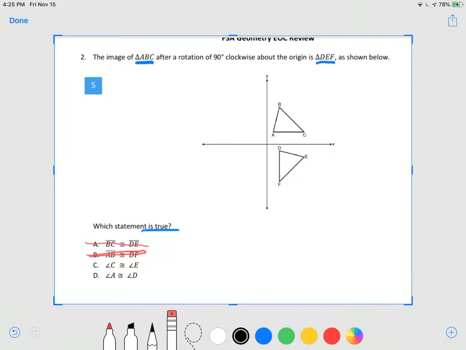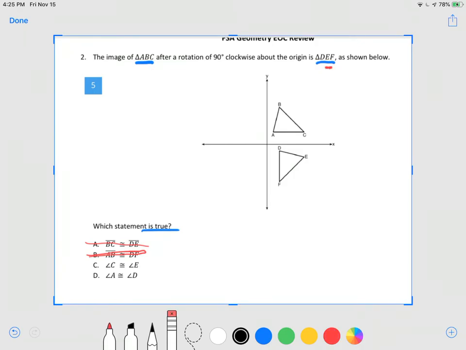And then option C is that angle C and angle E are congruent. Angle C is the third one, angle E is the second one. Those do not correspond, so they're not guaranteed to be congruent. They could be congruent if it just so happens that B and C were the same and E and F were the same.